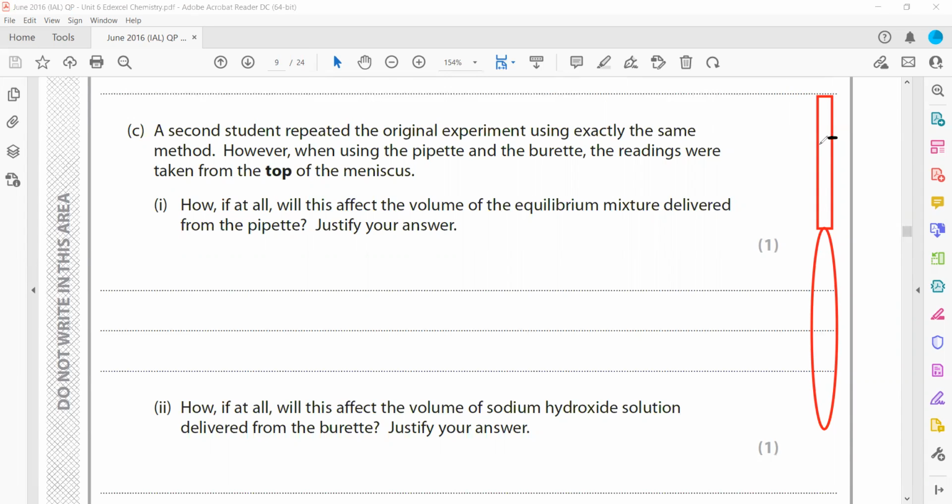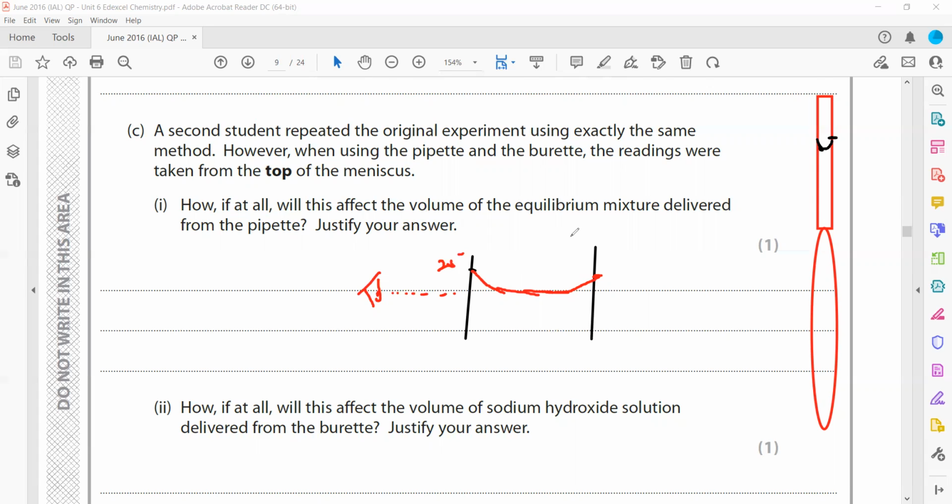So in this example, this is the 25 mark. If the student reads the top meniscus instead of the bottom of the meniscus, which is what we should normally use, it means the actual volume transferred will be smaller.